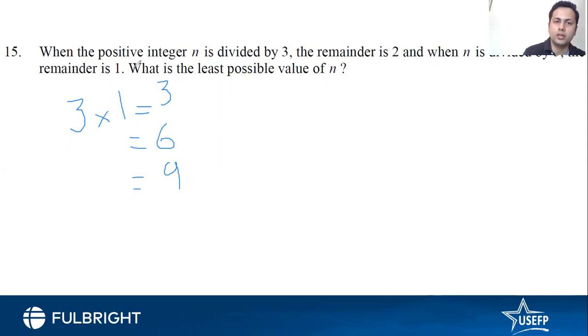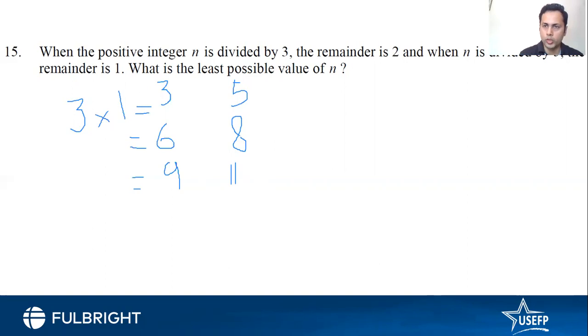If we divide these by 3, we would get a remainder 0, but we want a remainder of 2, so we need to add 2 to them. So 5, 8, 11. Now if we divide these numbers by 3, we would get a remainder of 2.